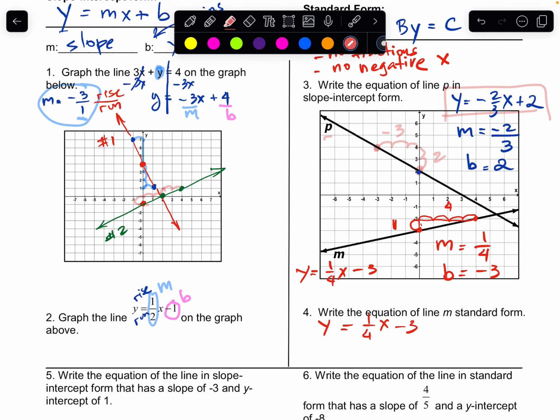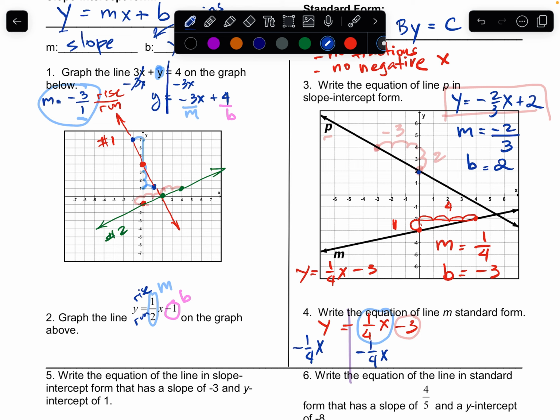Now I want this number to stay here, and I want this expression right here to move to the other side. Right? So remember, this is my line in the middle, train tracks. So I'm going to subtract 1/4 x from both sides.